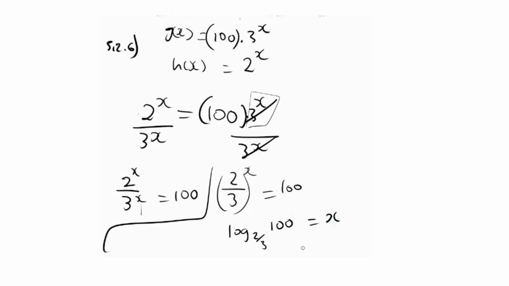So we punch this in the calculator, and it will give us the answer for the point of intersection. The answer will be this. Rounded off, it's going to be negative 11.36. This will be our answer.